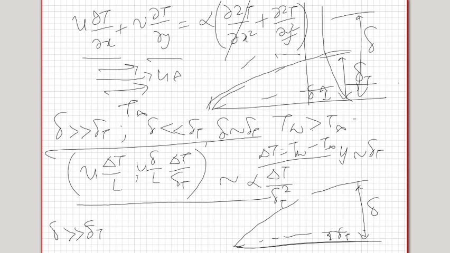So then what happens? The velocity in the entire boundary layer, so suppose this is a velocity reference line, the velocity goes from U infinity and gradually moves to 0 here. So the order of magnitude of U inside this boundary layer is not going to be of the order of U infinity, but if I take this approximately as a straight line, then I can scale it with respect to delta.